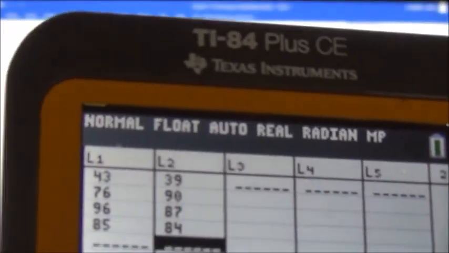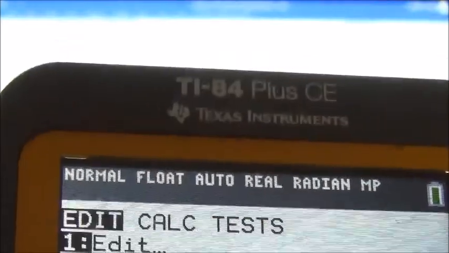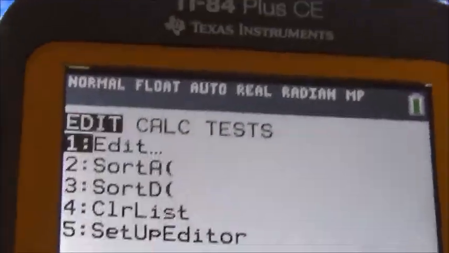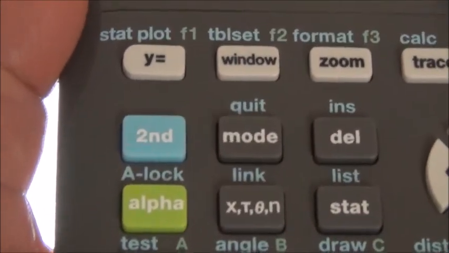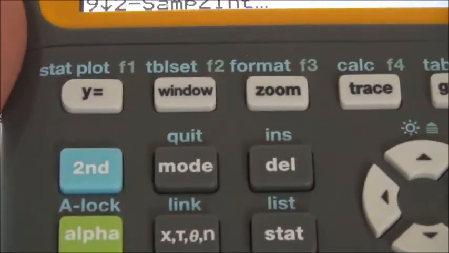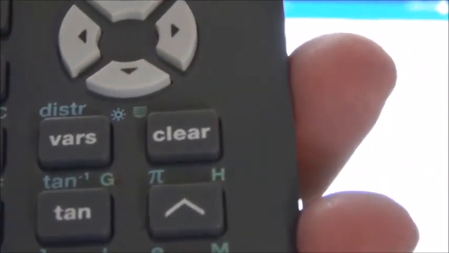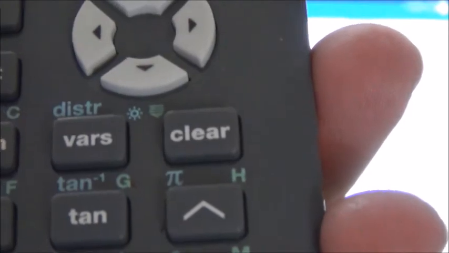And so once I have my data in my lists again, I am going to go to Stat, cursor over to tests, and go down to D. Now there's a quick way to jump down to D. It's using that alpha key. The alpha is in green, and so if I want to go down to D quickly, I'm going to look for the key that has a D above it, which is the x to the minus 1.